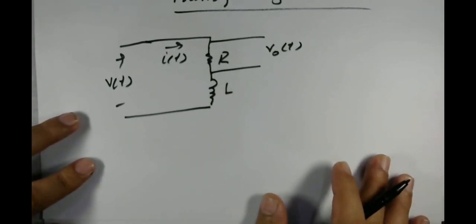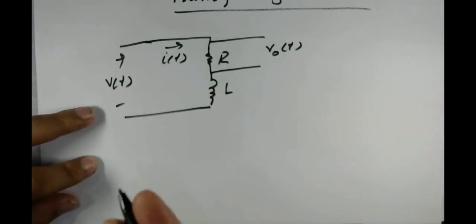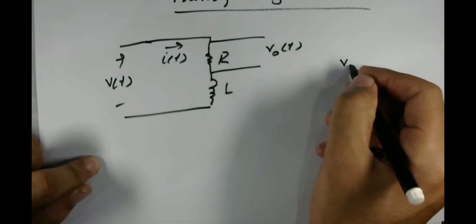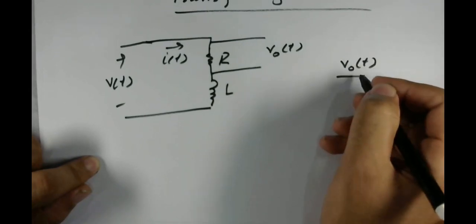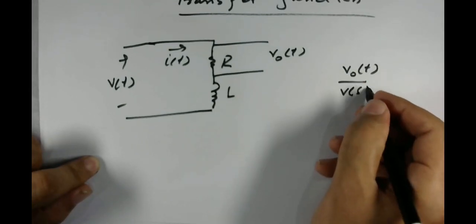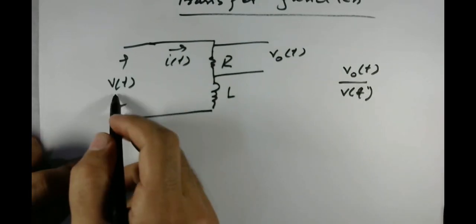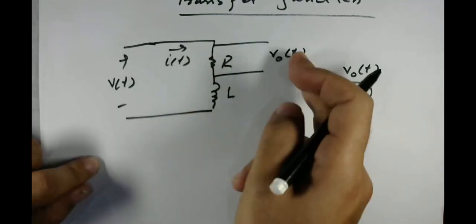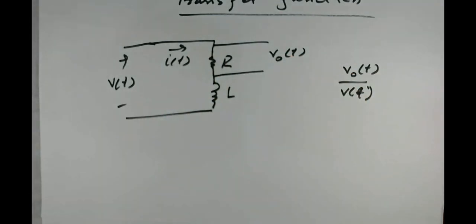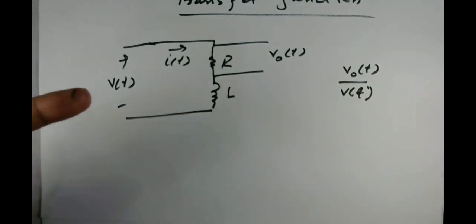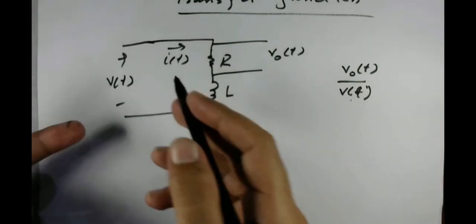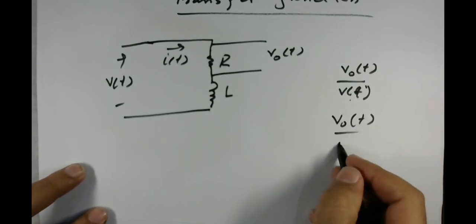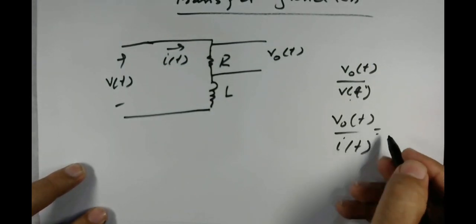So what is the transfer function for this? I told you that the transfer function is nothing but your output divided by your input. Your input could be voltage V(t) or current I(t), and your output could be V(t) or I(t), but I define this as V(t).